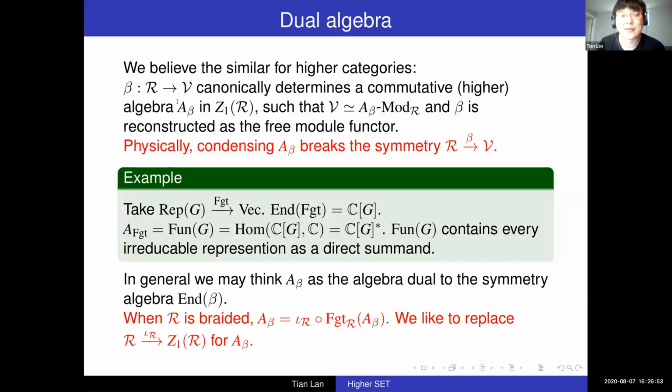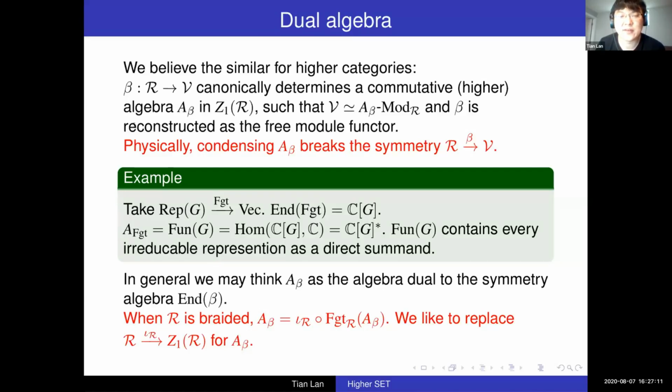I'll denote this algebra A_beta, induced from beta. It is in the center of R. And we should also have V equivalent to the A_beta-modules, and beta is just the free module functor.